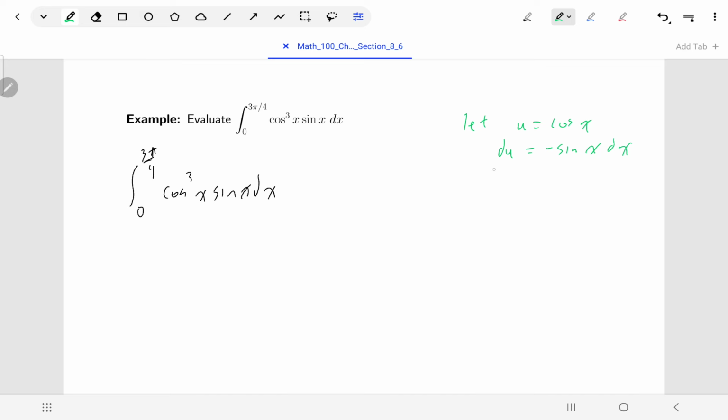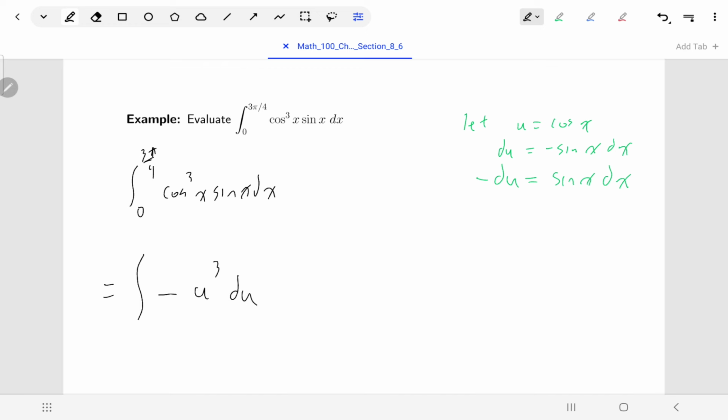And of course, I could also say then that negative du is sine x dx. So as far as the substitution goes, I have part of my work done. I can say, well, I know that it's going to be an integral of, instead of cosine cubed, u cubed, and instead of sine x dx, it's negative du.